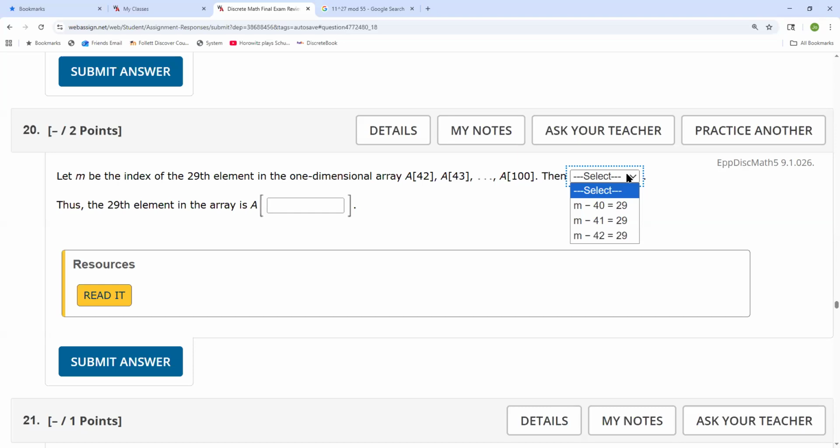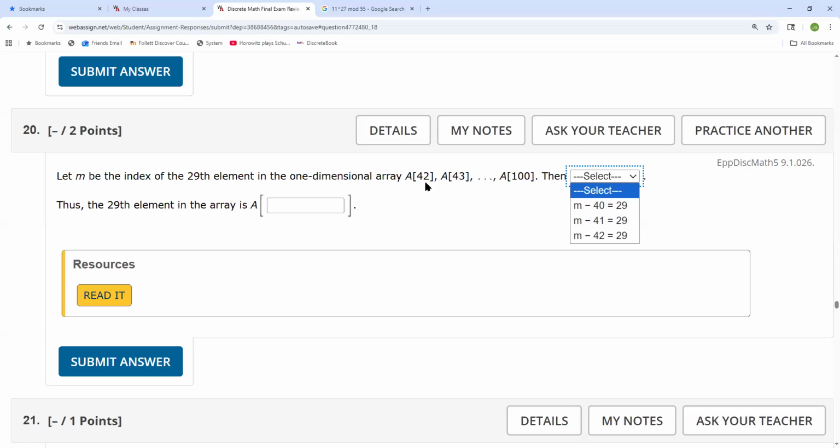I believe so. The way that they ask it is really confusing. So basically, to find the first element of this array, you just add 0 to the first number. So A42 is really the first element, right? So you'd add 0 to the first number to find the first element. You'd add 28 to the first number to find the 29th element, right?